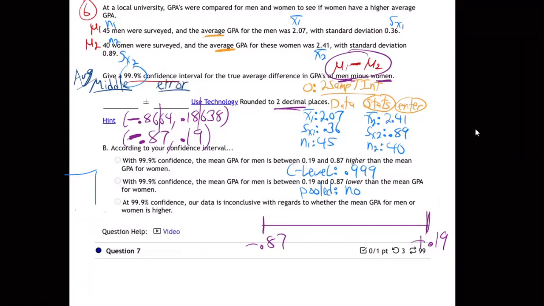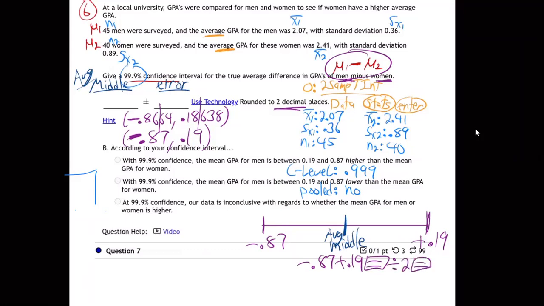That's a different way of saying the same thing. So we've got to find the middle. What's the middle of our interval? It's the average. So you average the numbers. You just take the negative 0.87 plus 0.19, hit equals, and divide by 2 and hit equals.